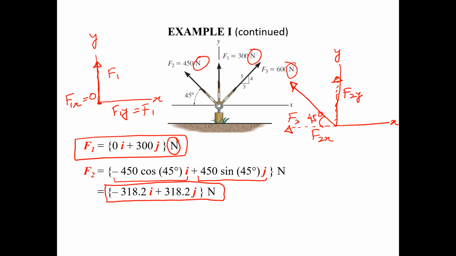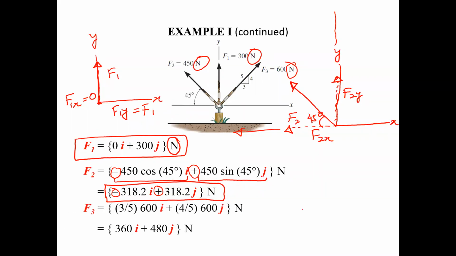So this is the resolution of F2 into two components, negative. Now again, if you remember what we did, F2X is in negative X direction, so that's why we have this negative sign here. And F2Y is in the positive Y direction, so that's why we have a positive sign here. All right. So that's how we resolve this F2 into two components.